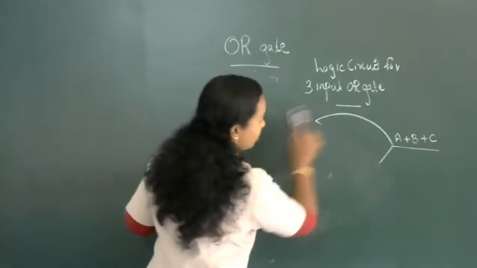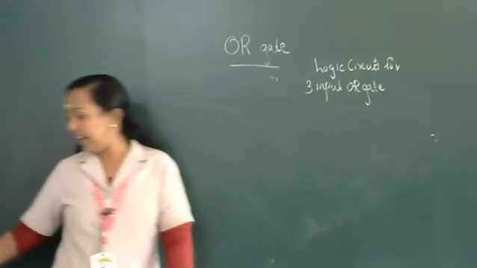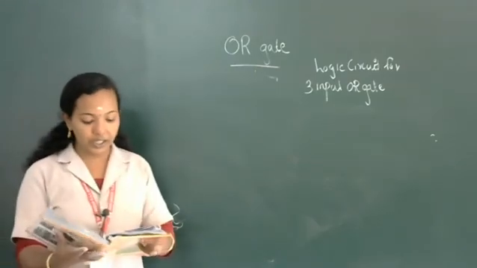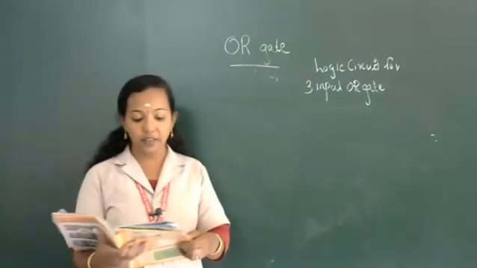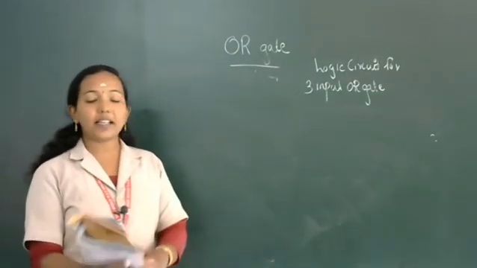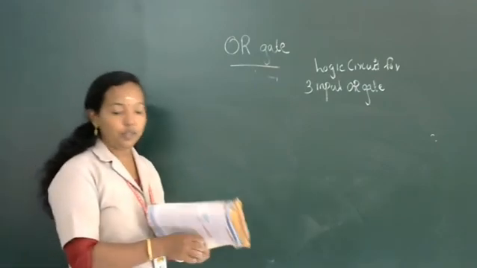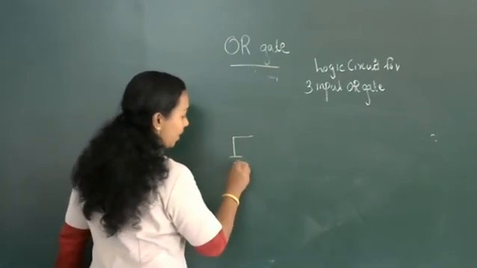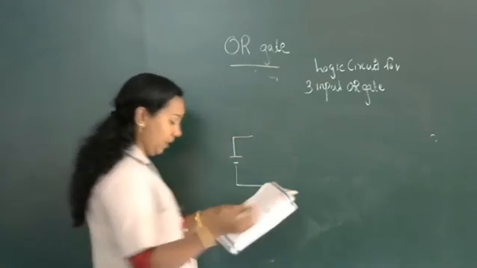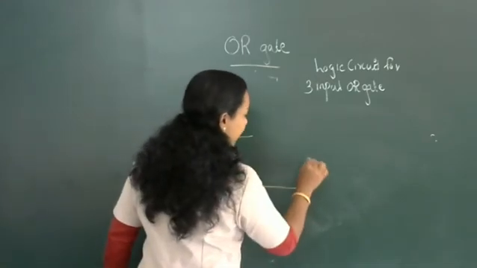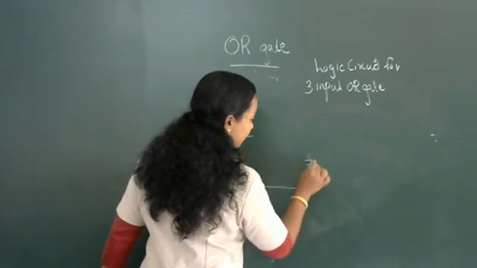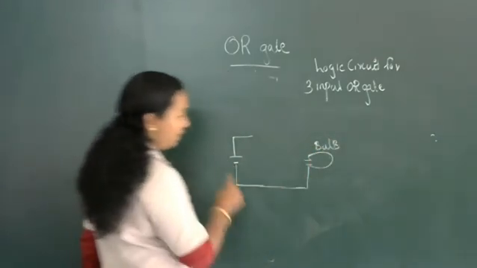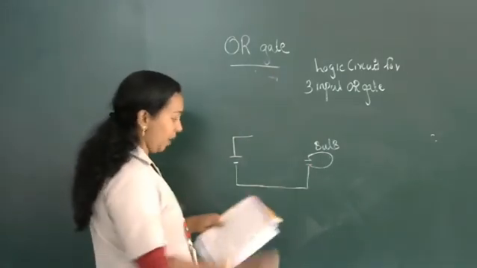Then next one, how we are applying this in a real life situation. In your textbook, one real life example is that, the working of logical OR gate. For example, this is a circuit diagram. Here one battery is available, connected to a bulb.